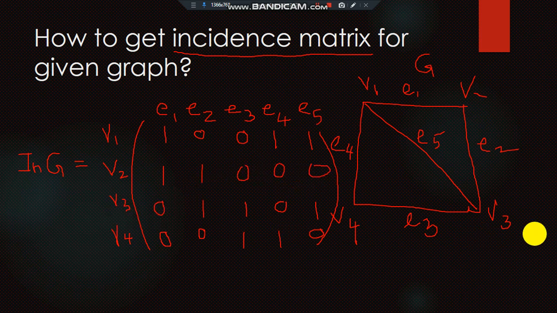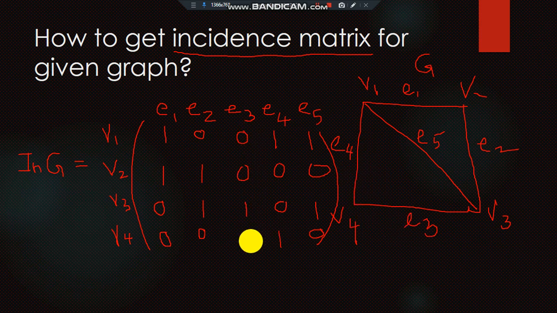Now V3, there are 3 edges incident on it: E2, E3, E5. For those we put 1, and for the others we put 0. Here 1, 0, here 1, 0. The last one, V4. Only 2 edges are incident on V4: one is E4, another one is E3.